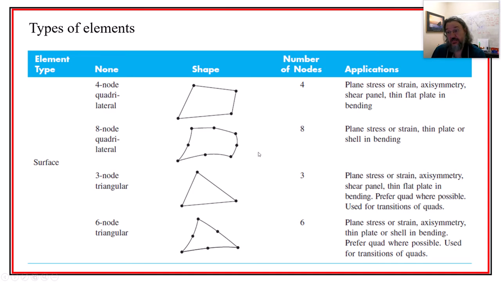Used to be we always wanted to deal with either squares in 2D or cubes, as close to a symmetric cube or square as we could possibly make it. That would really help our solution.